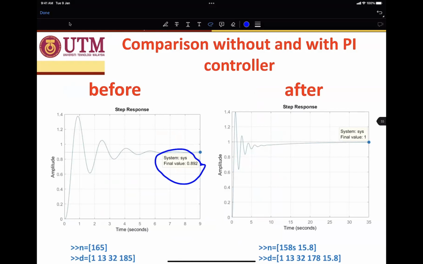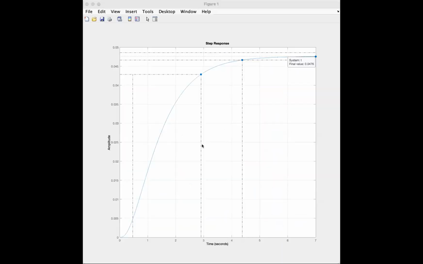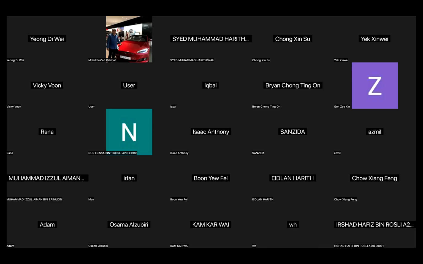So let us simulate using MATLAB. This is the figure that Brian showed us, the closed loop transfer function. The error is about 0.9.